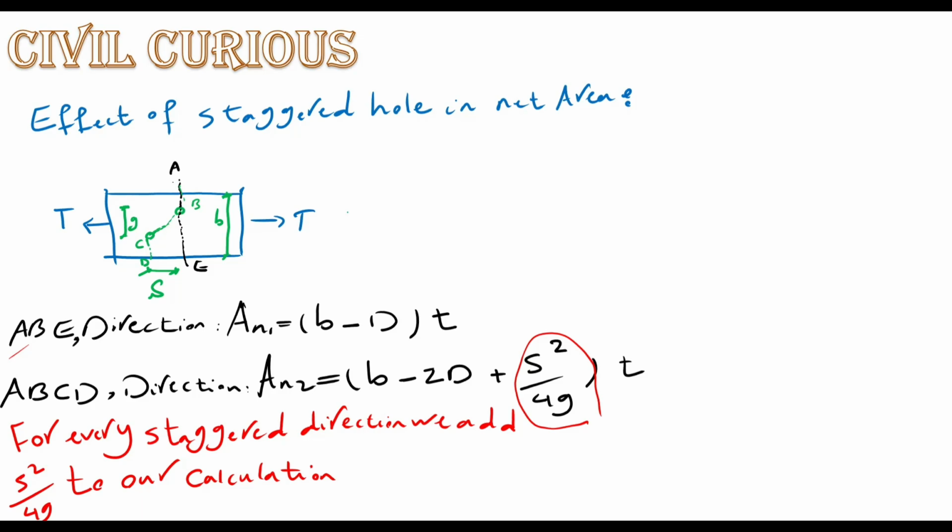another important thing, which is really important in calculating net area, is that, for example, you have four, five, six direction. For calculating net area, we choose the minimum value of every direction. Let me close this.